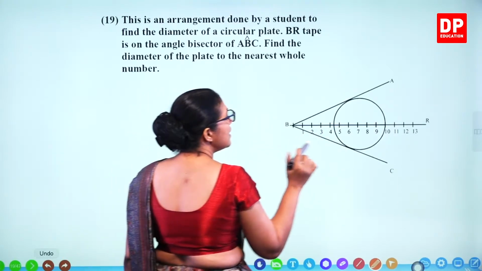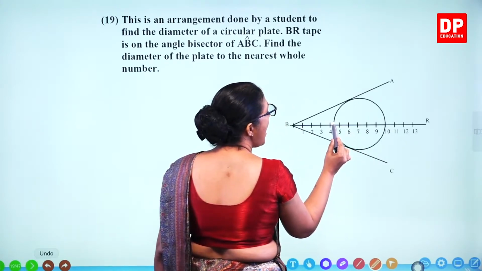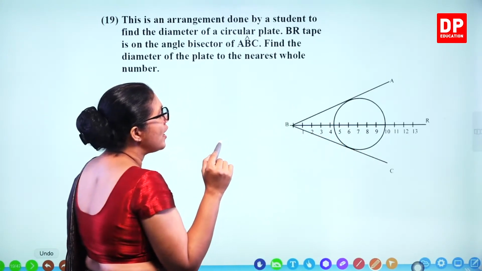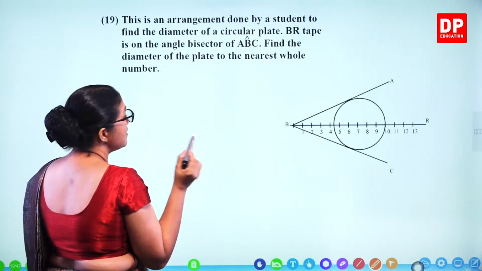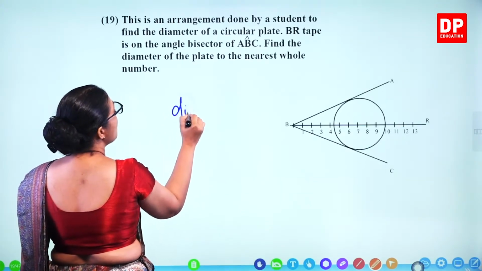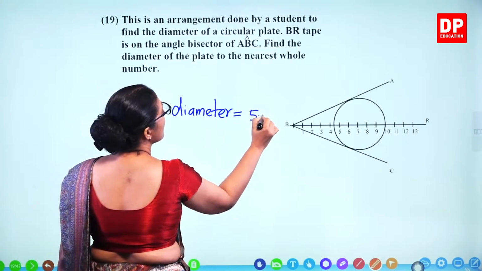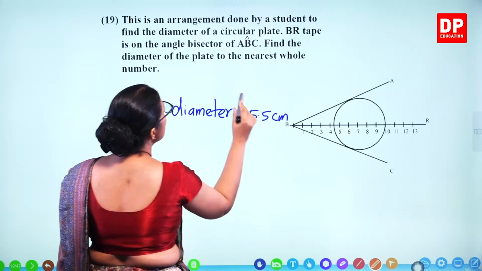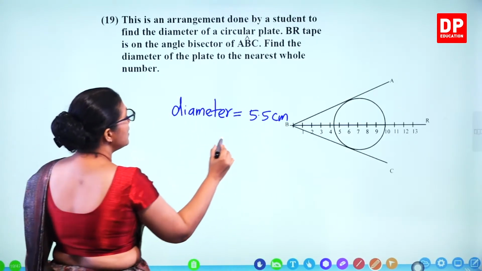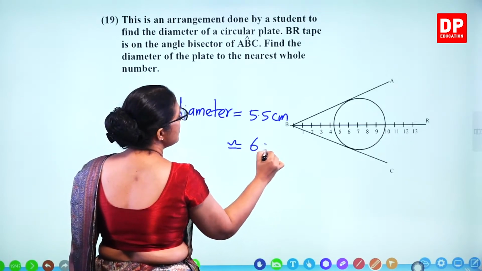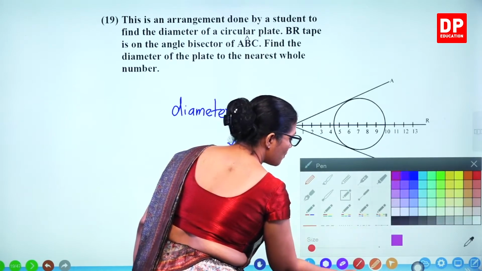So what's the length here? 1, 2, 3, 4, 5 and middle 5.5 centimeters is the diameter, but you need the value to the nearest whole number. So this is 6 centimeters. So that's the diameter. 2 marks.